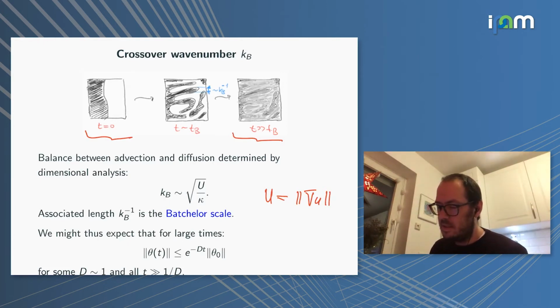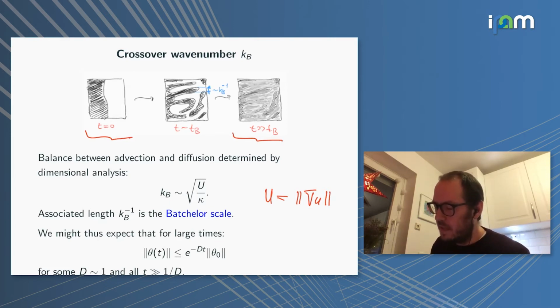And as many of you will know, the inverse of this wave number is a length scale, and this is just the Batchelor scale. The Batchelor scale is exactly defined in this way: it is the scale at which advection and diffusion are in balance.